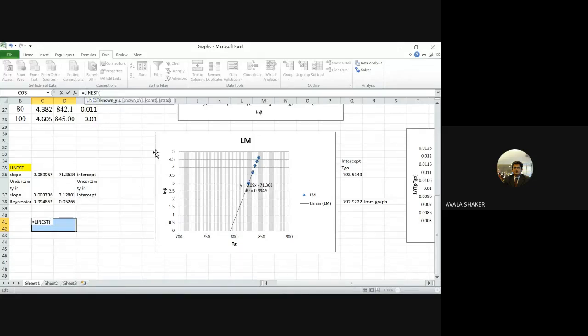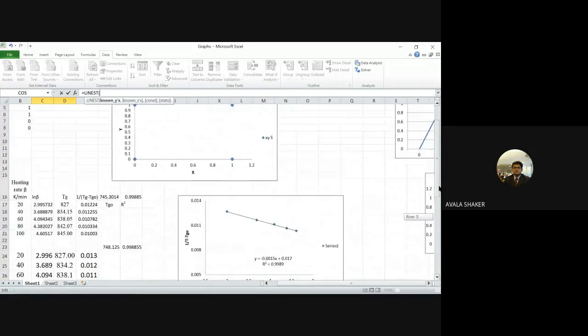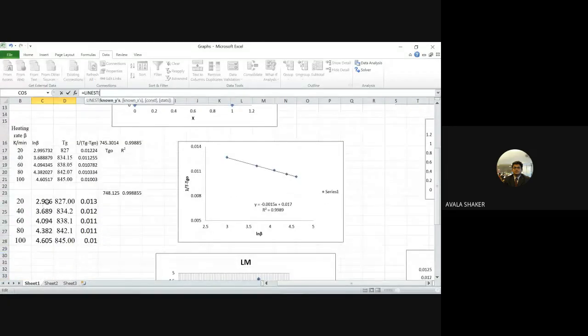So the known y's are, this is a graph of ln, so ln beta is your y here, comma, the next array. No, it is the other way, right?